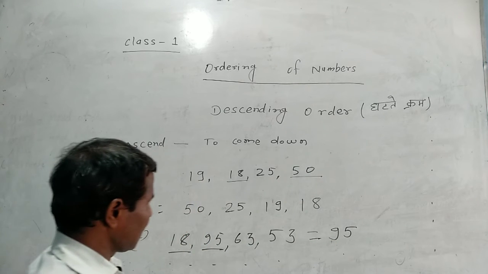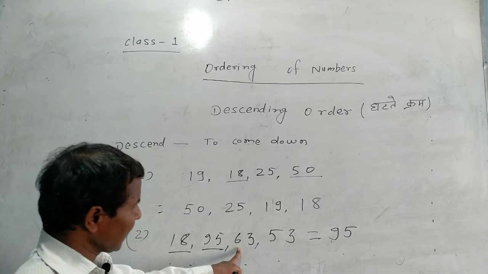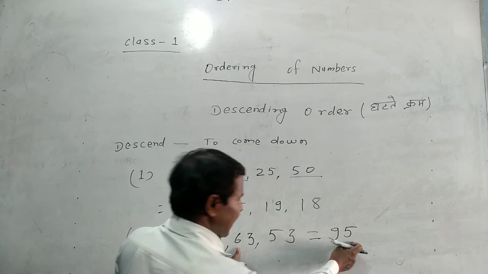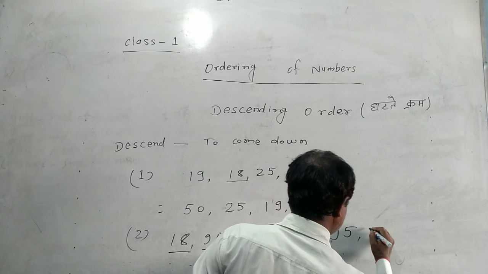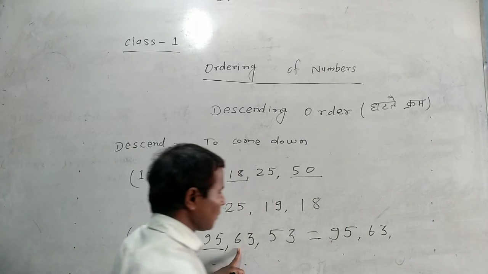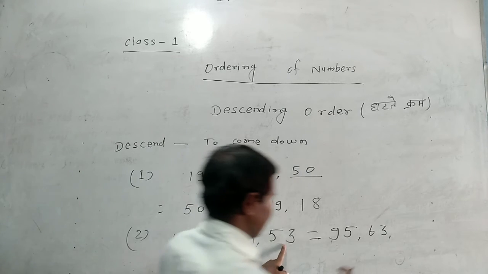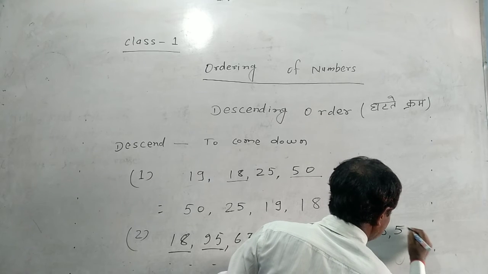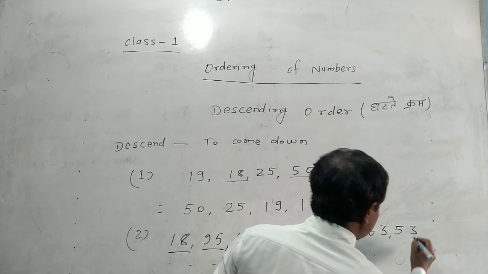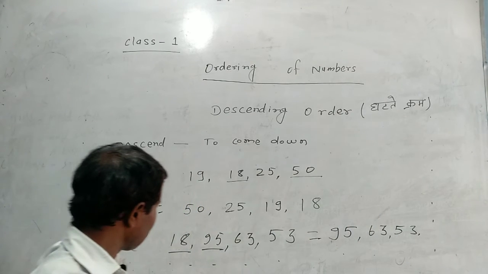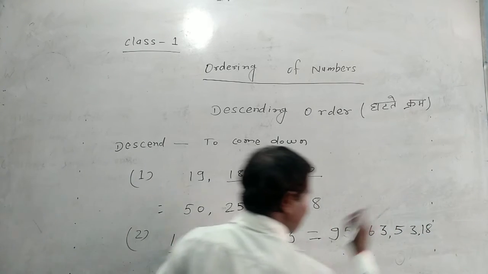After 95 we put 63 because 63 is smaller than 95. So we can put here 63. Now we put 53 because 53 is smaller than 63, and at last we put the smallest number as 18. 18 is the smallest number.